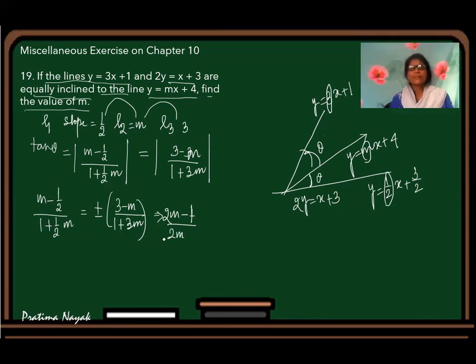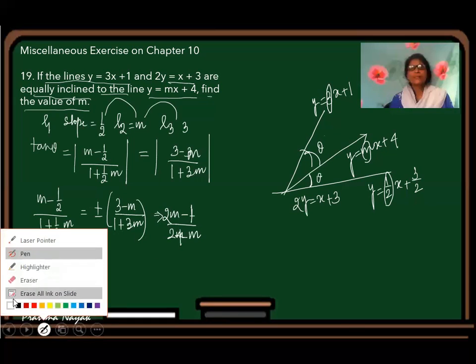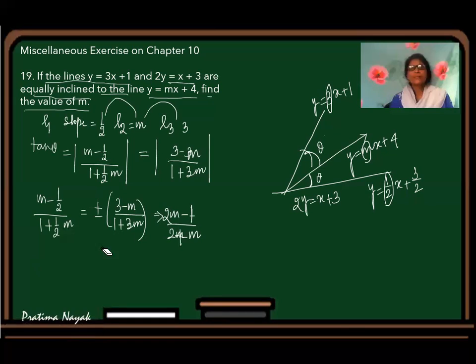Not 2m plus 1, 2 plus m. This is 2 plus m, 2 to cancel. This will be plus minus (3 minus m) by (1 plus 3m).